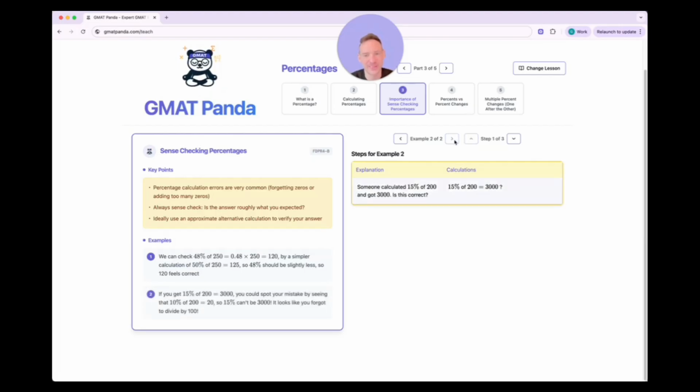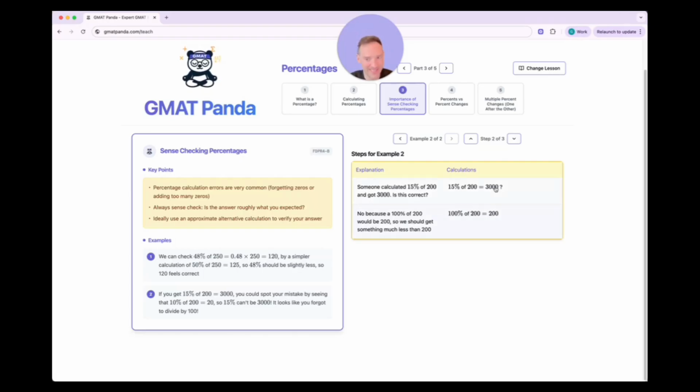Now, let's go back to that example of taking 15% of something. In this case, we're taking 15% of 200. Let's say that in our calculation, we get 3,000. Another way of sense checking that is to think, what is 100% of 200? 100% of something is just itself, so it's 200.